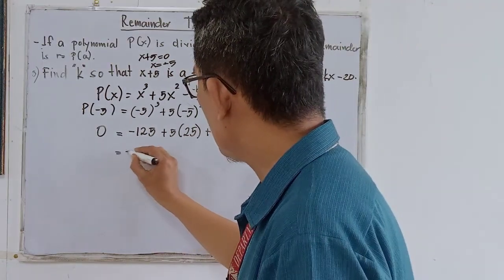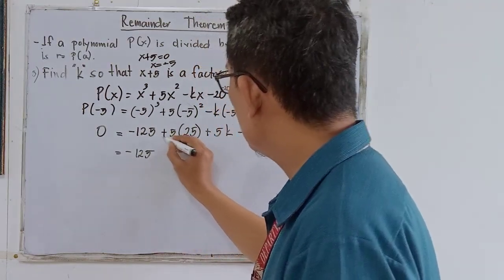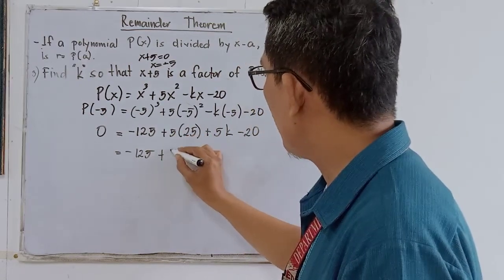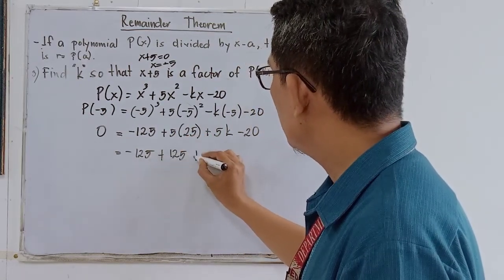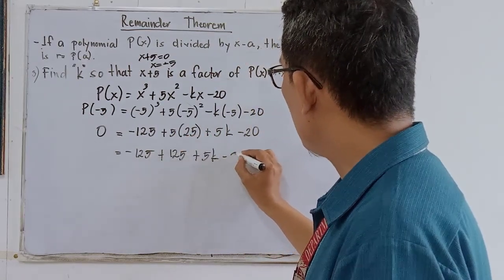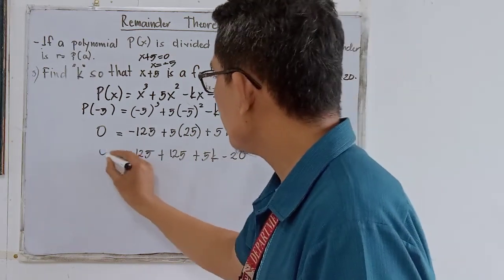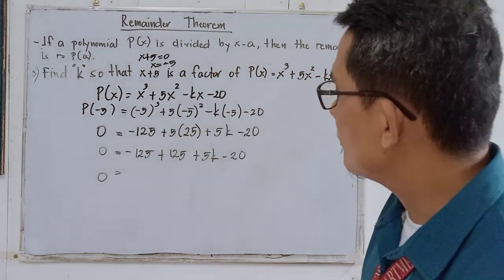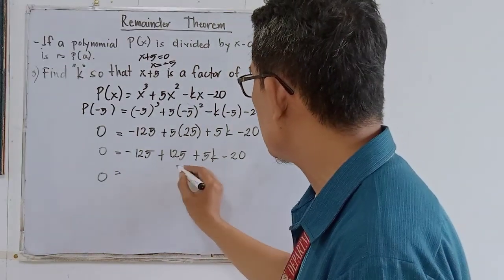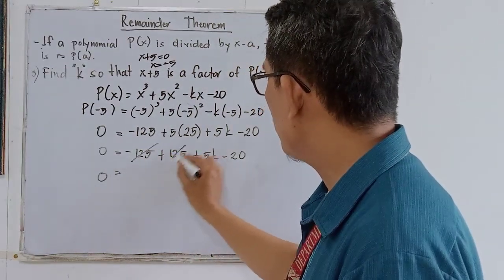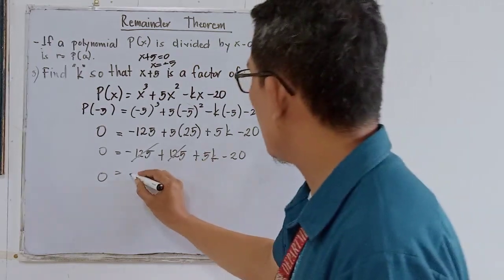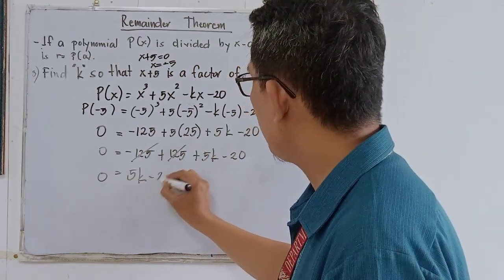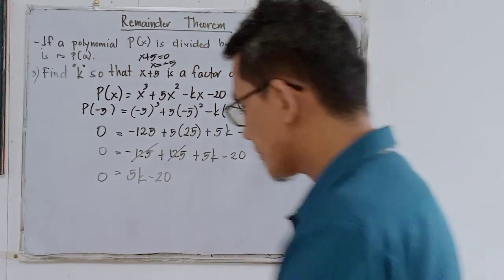So this becomes negative 125 plus 5 times 25 is 125, plus 5k minus 20. So negative 125 plus 125 is equal to 0. So therefore this is now 0. What is left for us is 5k minus 20.